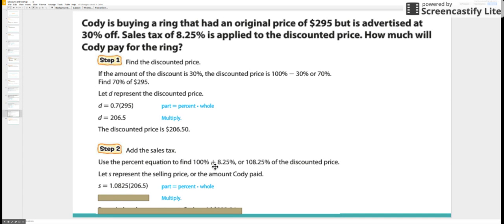All right, now that we got that established, move the decimal over 2 places to the left, 1.0825, okay? Times 206.5, because we're figuring out what is 108.25% of this price. So let's do this. Multiply the two numbers. You get $223 and about 54 cents. Okay? So Cody is actually paying $223.54.